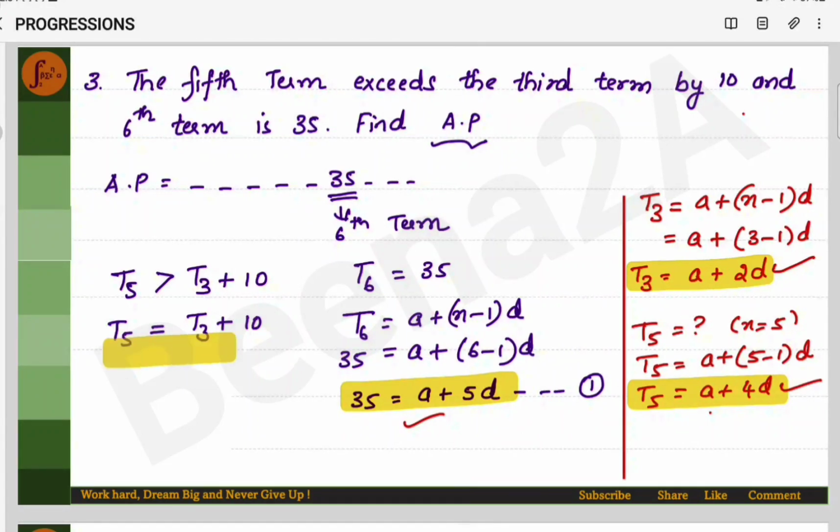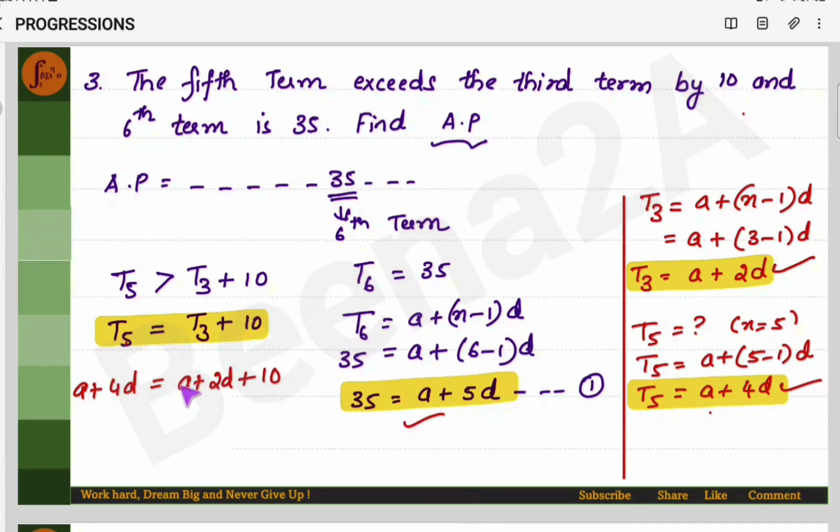Now, let's not forget this equation, this is the main equation here. Instead of T5, we'll write A plus 4D. Can we write that? Instead of T5, we can write A plus 4D, correct? Instead of T3, we can write A plus 2D, then plus 10 is there.